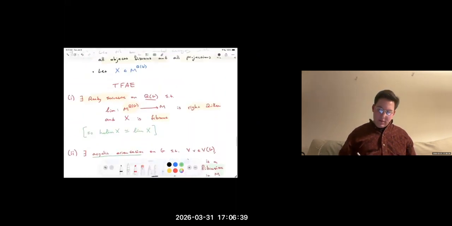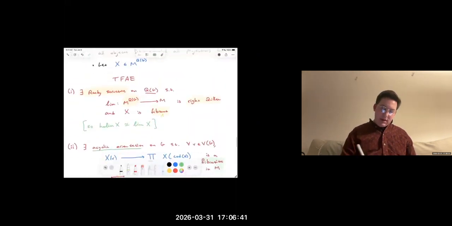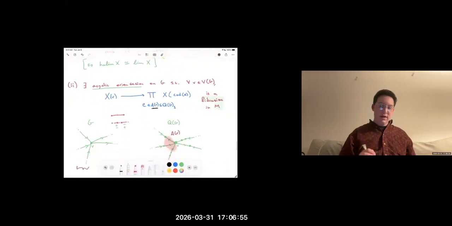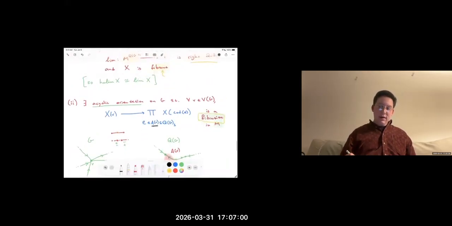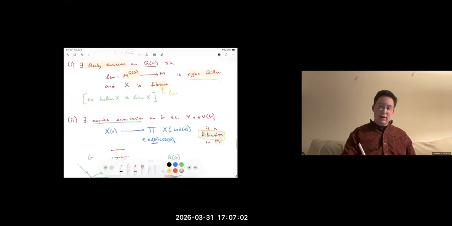So the definition of Reedy structure and the definition of fibrant in a Reedy model structure, which is a condition on the matching objects associated to X, and the condition of being right quiland, these all enforced these pieces on the other side of being an acyclic orientation. Basically the fact that this is a fibration is exactly saying that all of the matching objects of X are fibrant.